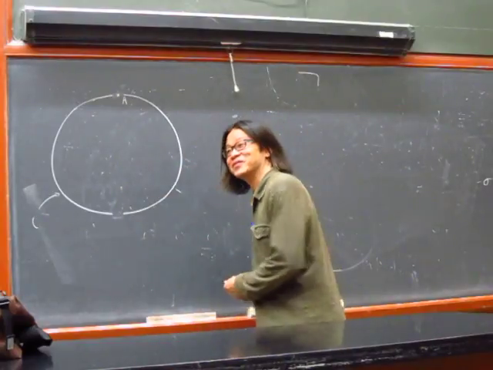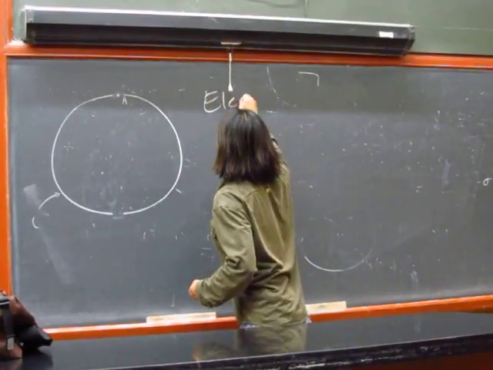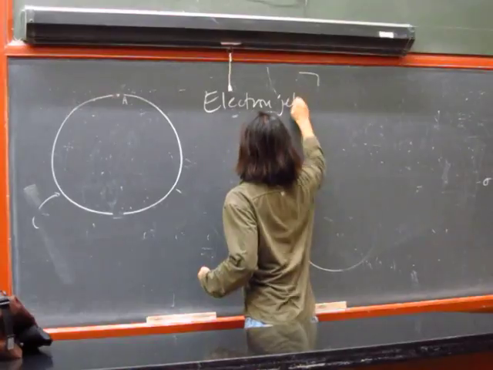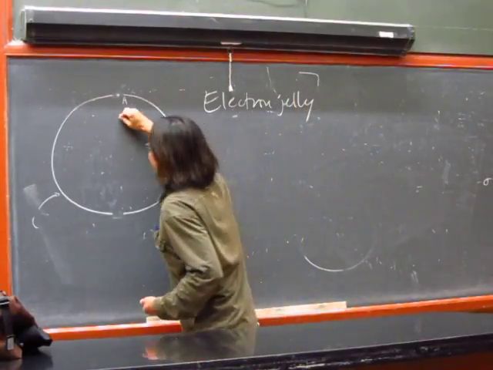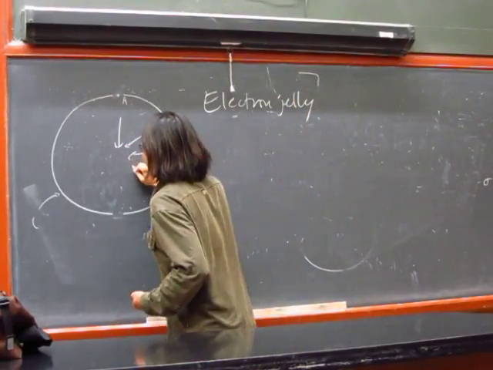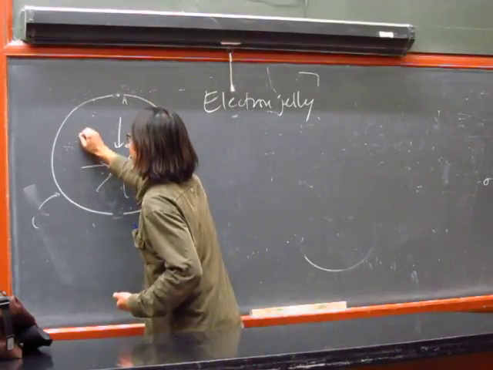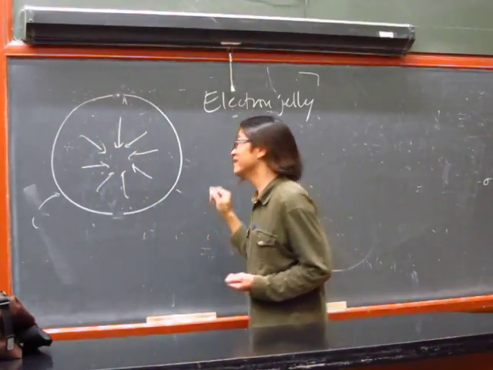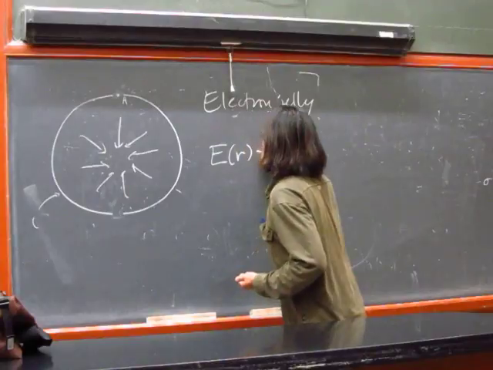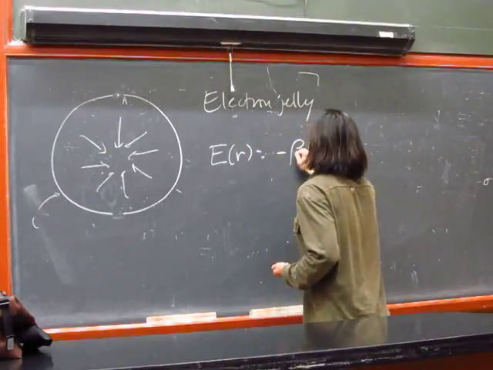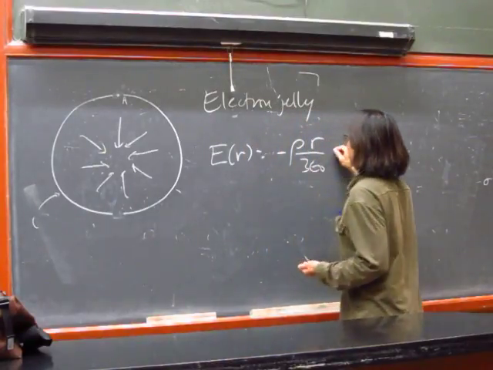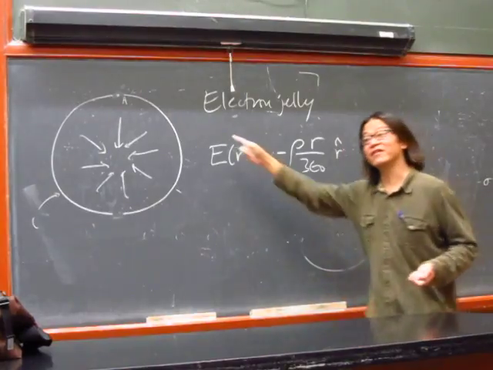I don't know if you remember it. The field everywhere is inward, and E is given by minus rho R over epsilon naught, in the direction of that.